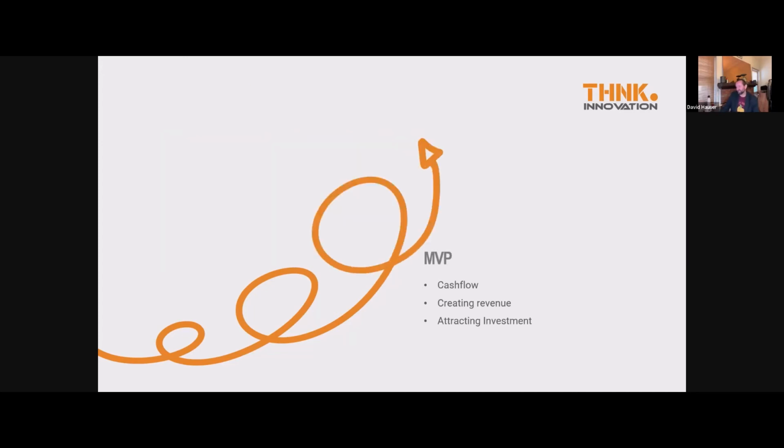And what do you do when you have this MVP? When you have created cash flow, you reinvest that to actually get to the holy grail, to the end goal of your product development cycle. You put that into filling the gaps, what you couldn't implement in the MVP because you had to go to market, or you had to go to pitch to investors with something that was market worthy. You take that money and reinvest it to keep developing the product or service, and to hopefully become the next unicorn, or whatever your goals, your targets are.